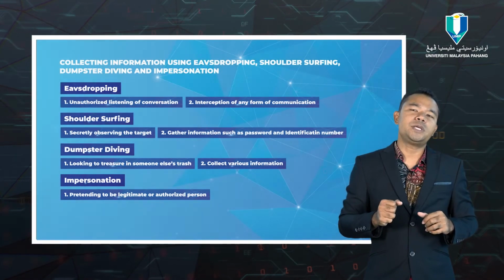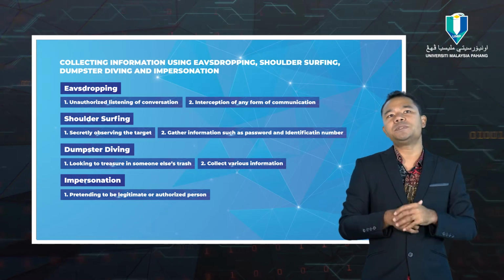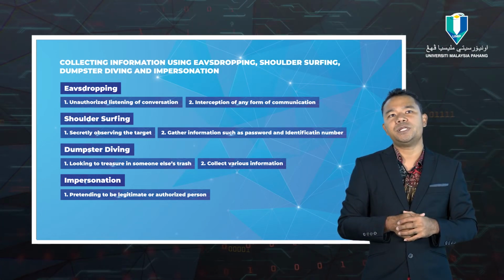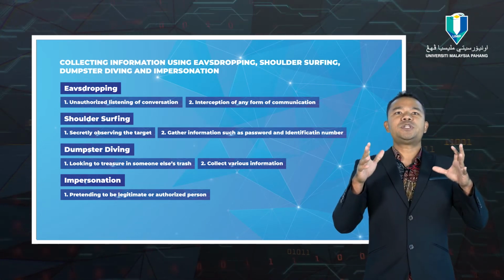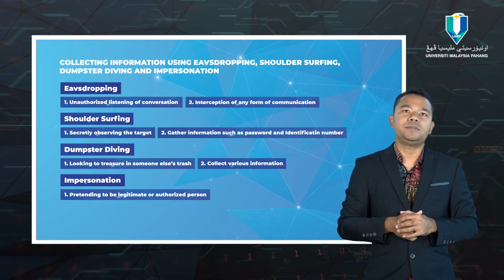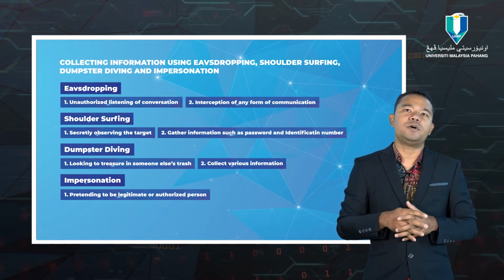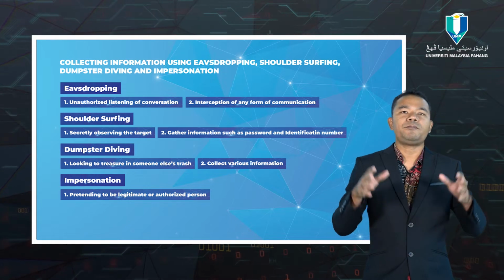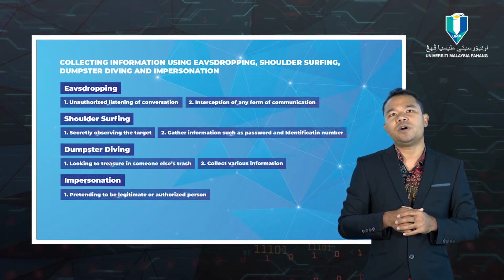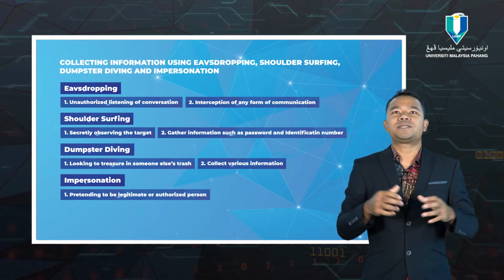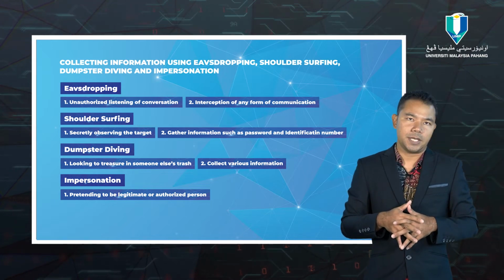Collecting information using eavesdropping, shoulder surfing, dumpster diving, and impersonation. Eavesdropping is unauthorized listening of conversations or reading of messages. It is the interception of any form of communication, such as audio, video, or text.